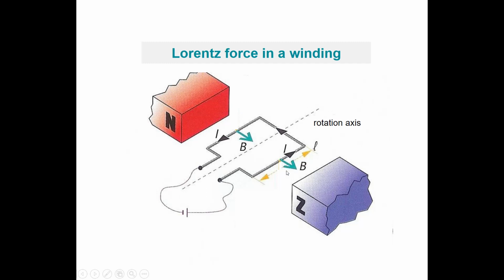So the Lorentz force on this part of the winding is in the down direction, and on this part of the winding in the up direction. So the direction of rotation of the winding will be clockwise.